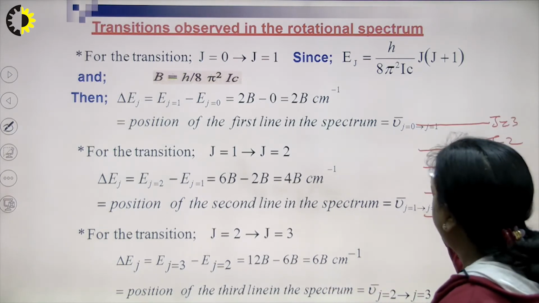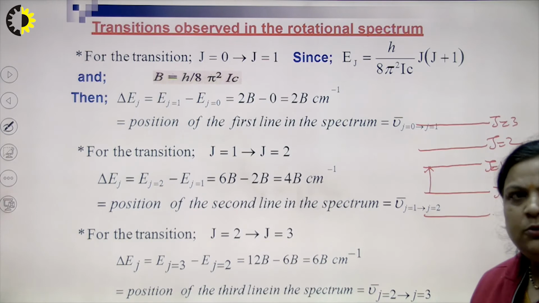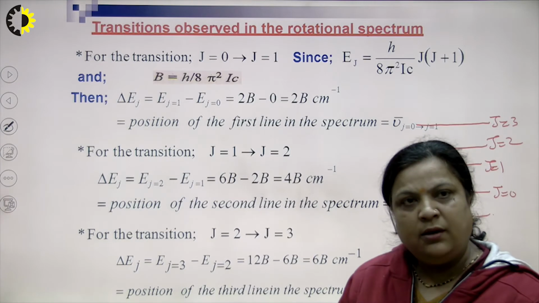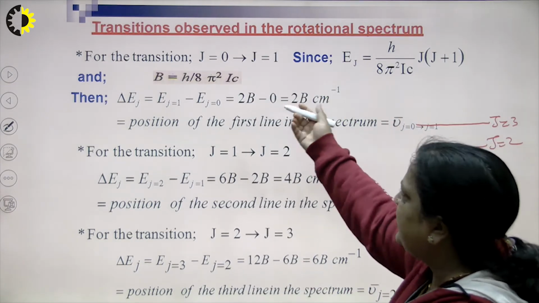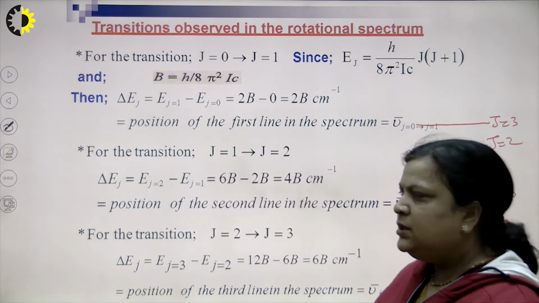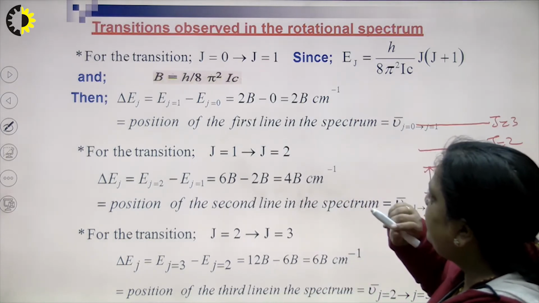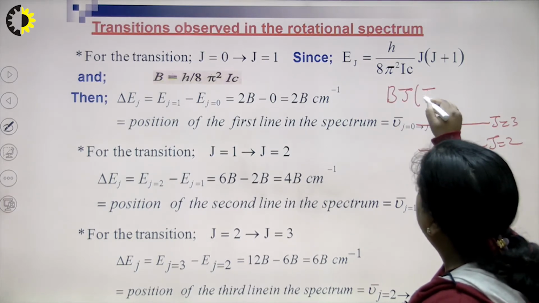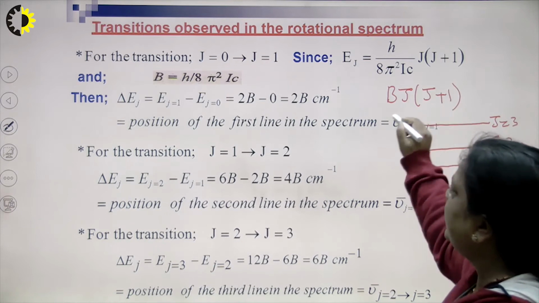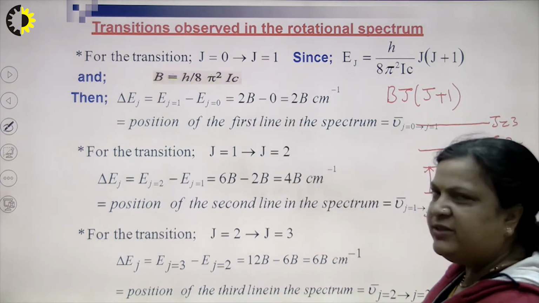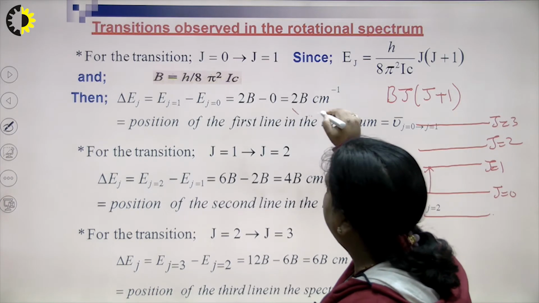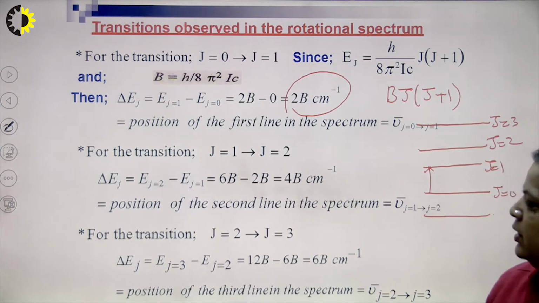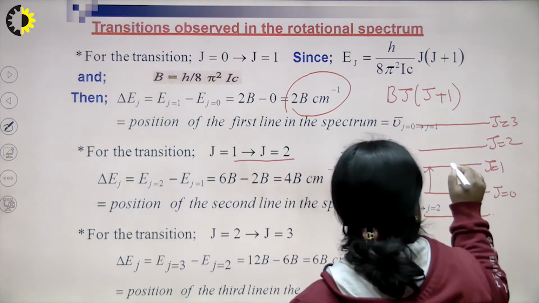If we want the energy required for transition from 0 to the first level, the formula of energy is B into J into J plus 1, so we can calculate directly from B. When we put J equal to 1, we get 2B, and J equal to 0 gives 0, so the energy of transition from the 0 level to the first level is 2B.